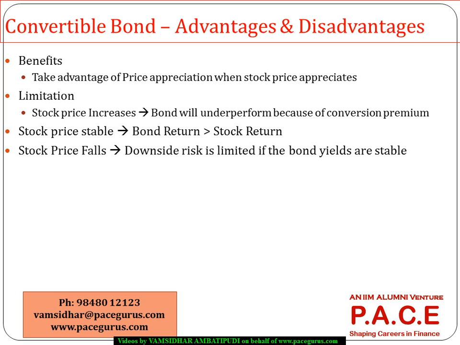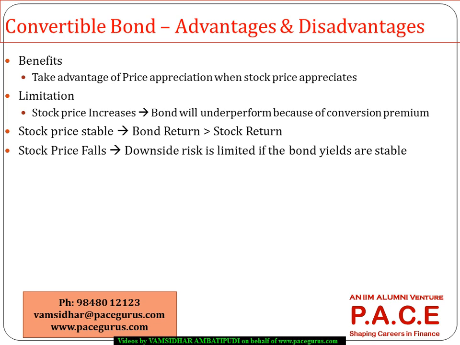The bond will still continue with the features associated with the bond, which means my downside risk is completely limited, because there is a floor price that is set by the straight bond. Anything below that I am protected from. If there is an increase in price, yes, I am going to take advantage of it.